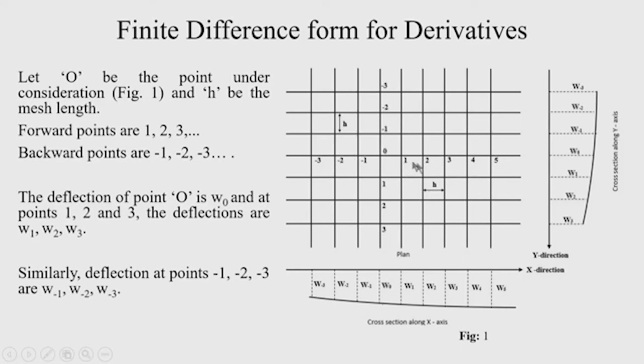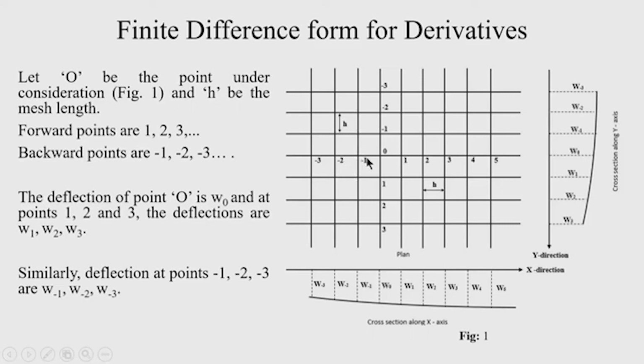Our positive direction of y axis is downward. Therefore, the negative numbering is given in the upward direction. So you can see the deflection along this line at different nodes: here is node W0, then W1, W2, W3, W4, W5.